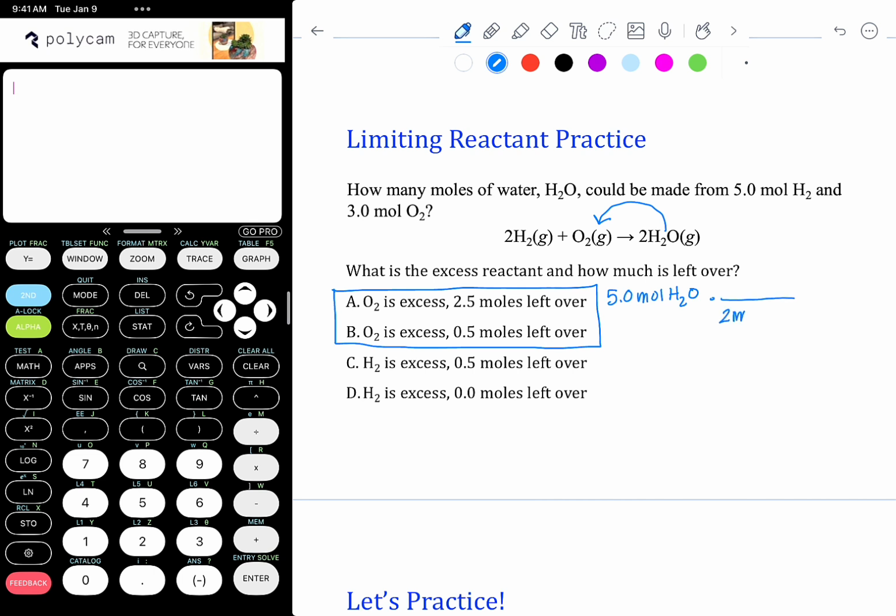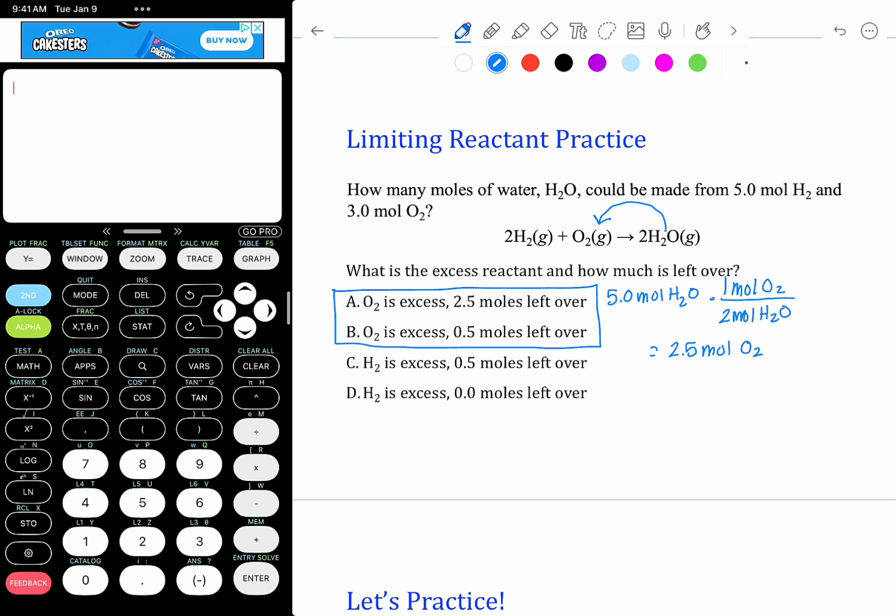We have 2 moles of water on the bottom because we're canceling it out. We have 1 mole of oxygen on the top because that's our excess. So 5 divided by 2 is 2.5 moles of oxygen gas. So I only needed to use 2.5 moles of oxygen to create those 5 moles of water.